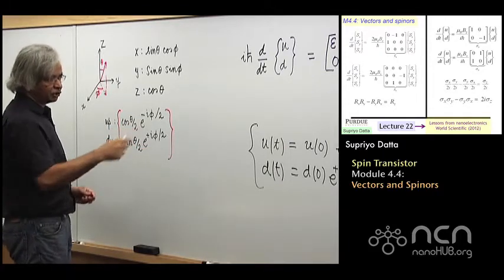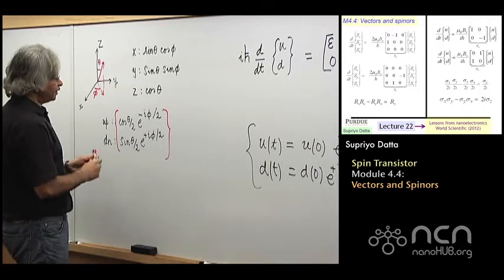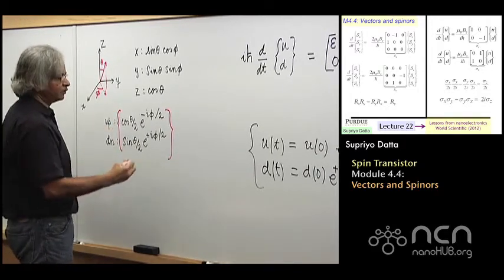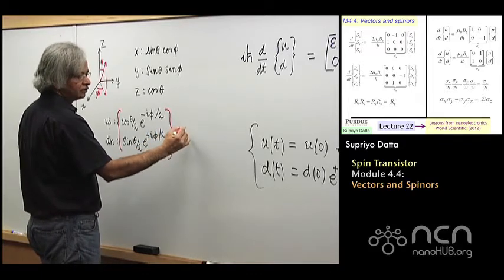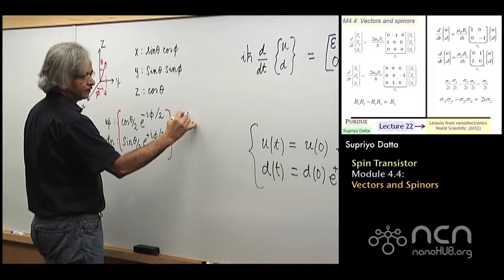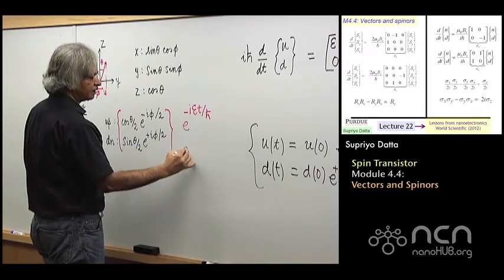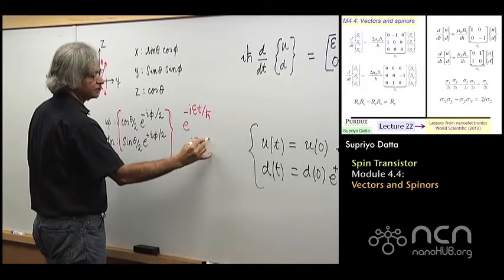Now what we just showed is that if you start out a spin in some direction, then in time it will evolve and pick up a phase factor like this: minus i epsilon t over h bar, and this will pick up plus i epsilon t over h bar.